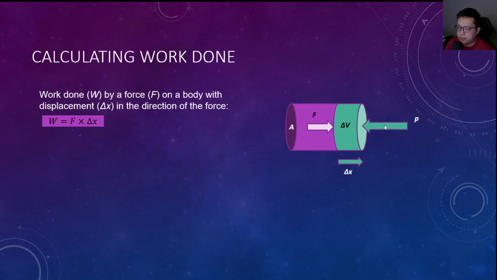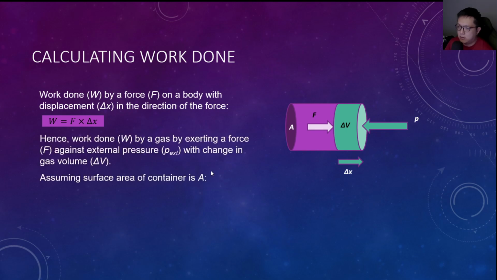Okay, so if I have a cylinder of gas, this looks this way. I allow the force to push the gas outwards, to push this piston outwards, by this delta x. So I have this gas with an internal pressure of P(ext), and assuming this cross-sectional area is A, I allow my gas to move outwards.